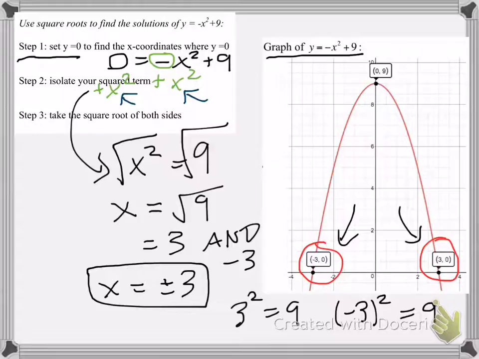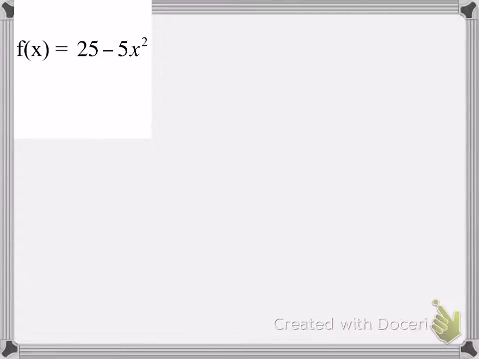Let's look at another slightly more complicated example, and let's find the x-intercepts, where y equals 0, of this function here. So I'm going to go through the same steps. So first, I want to set y equal to 0. And remember that this f of x here, this is the output of a function, and the output of a function gets mapped on our y-axis.